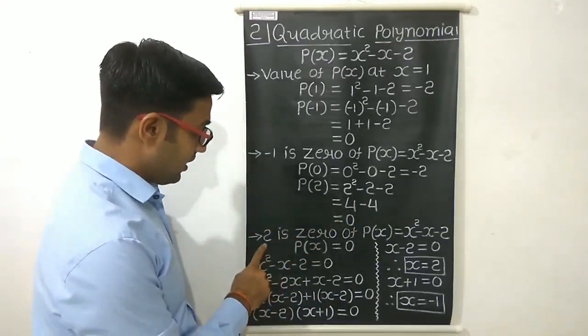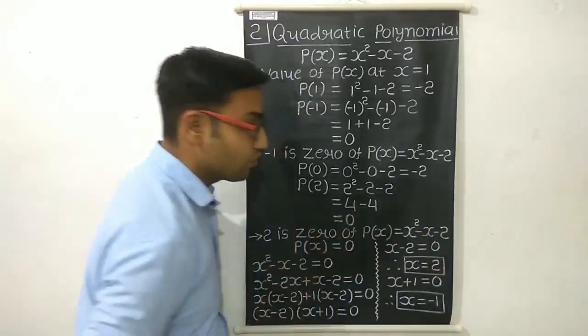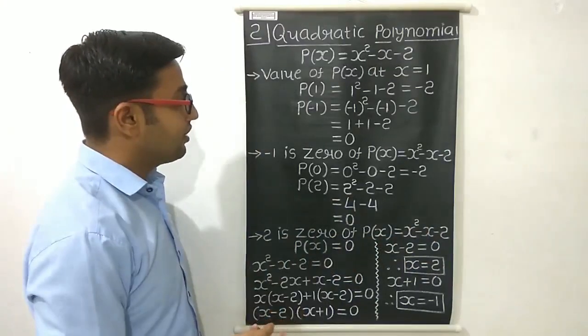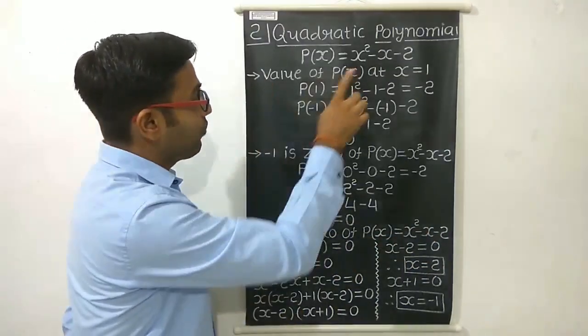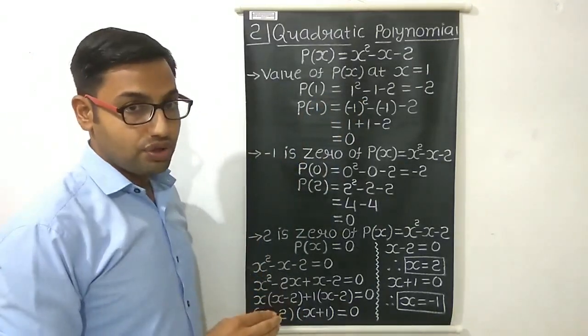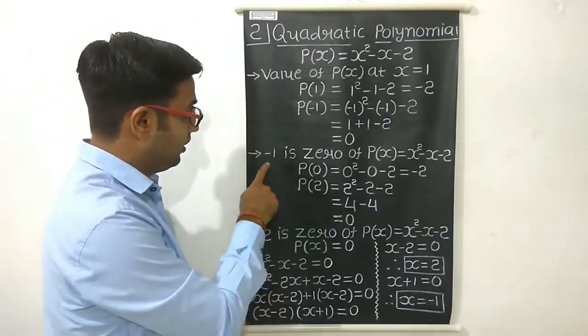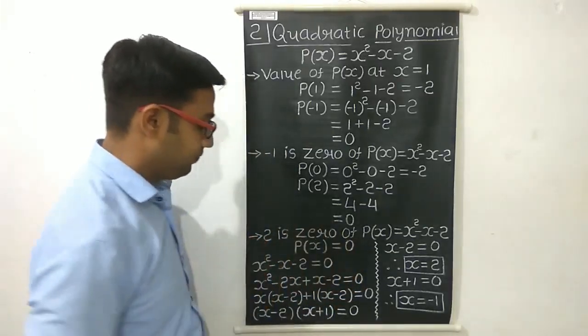So again we can say that 2 is a 0 of p of x is equal to x square minus x minus 2. So here we get two values of x for which this given polynomial becomes 0. So the number of zeros is equal to 2. One is minus 1, the second one is 2.